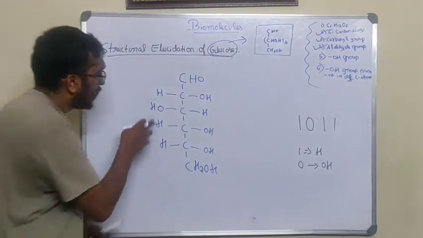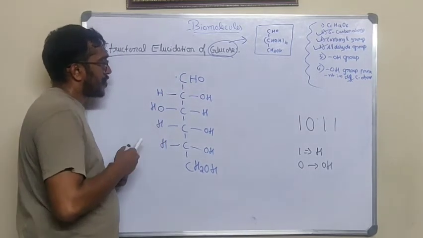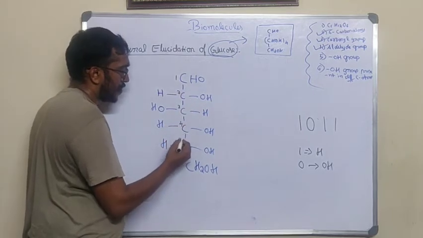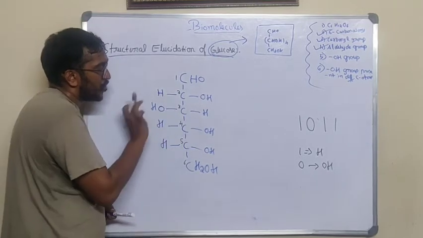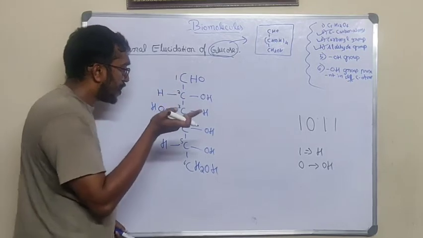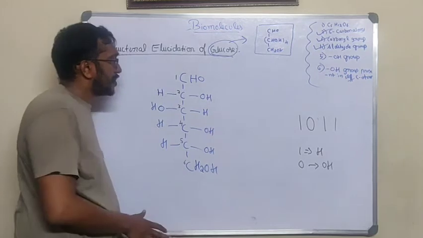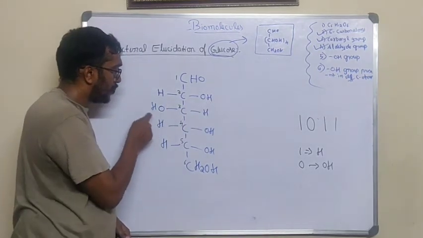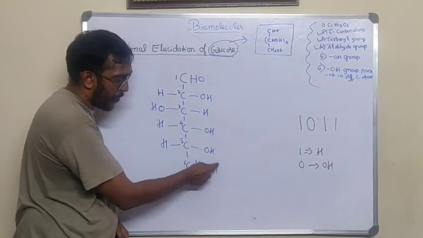So what is the different thing here? This is carbon 1, carbon 2, carbon 3, carbon 4, carbon 5, carbon 6. In the third carbon atom, the position of OH group will differ compared to the second, fourth and fifth carbon atoms. If you clearly notice, there are 5 OH groups: 1, 2, 3, 4, 5.